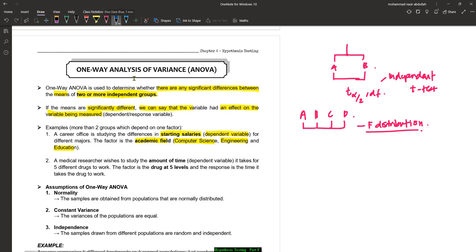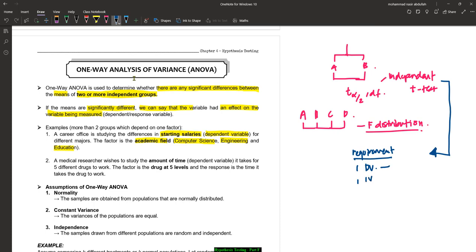So before we go further, let's look at the requirement for independent sample t-test. So requirement for independent sample t-test, let's refresh back our knowledge. So it should have one dependent variable and one independent variable.